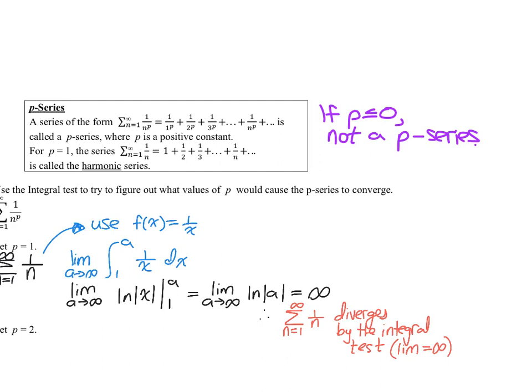All right, and the reason why would be something like, I'll give you a quick example. If you had something like 1 over n to the negative second, that need not be written in fraction form. That's the same as n squared.